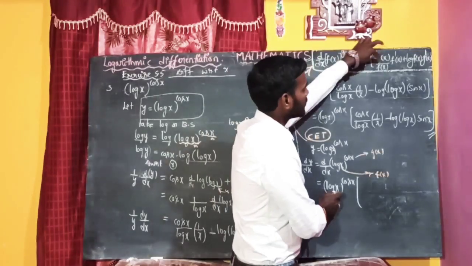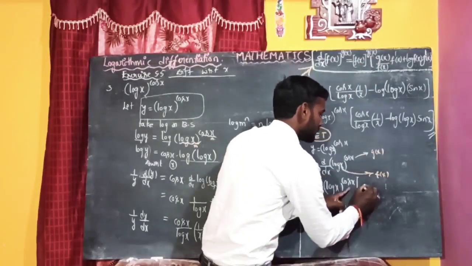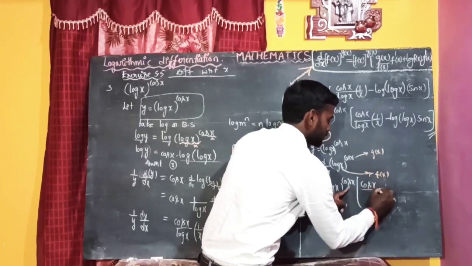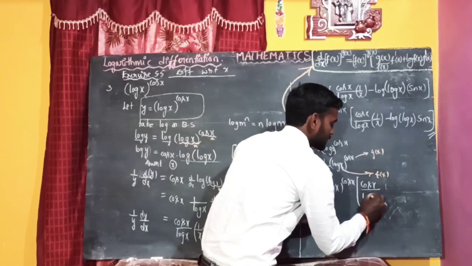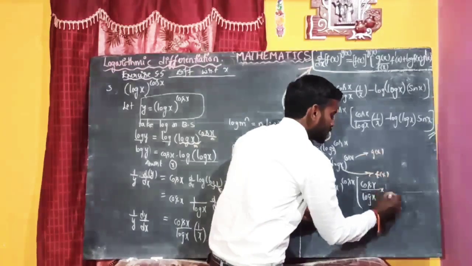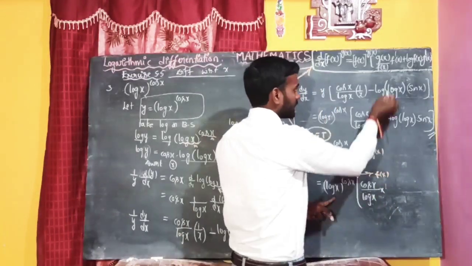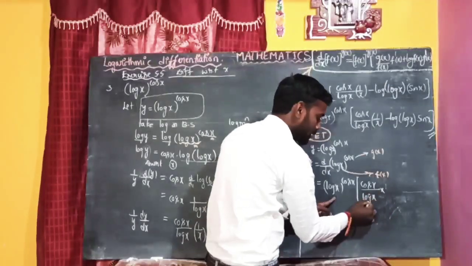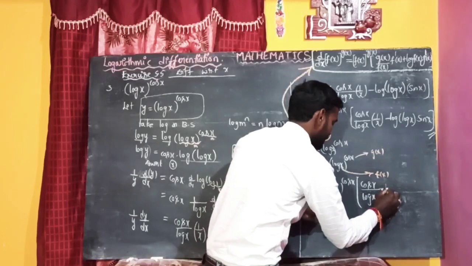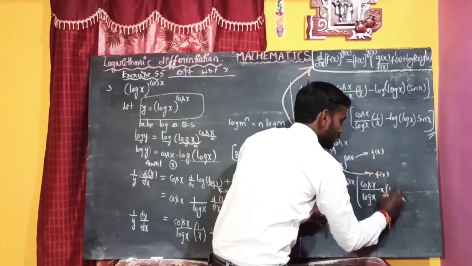G of x means cos x, f of x means log x, so cos x by log x, into f dash of x, the derivative of the denominator. That is, the derivative of log x is 1 by x.